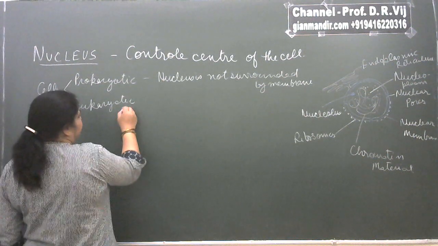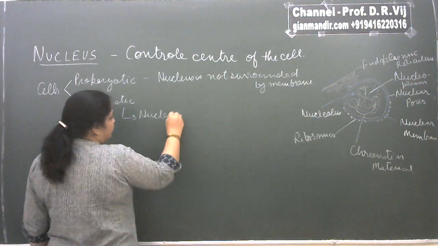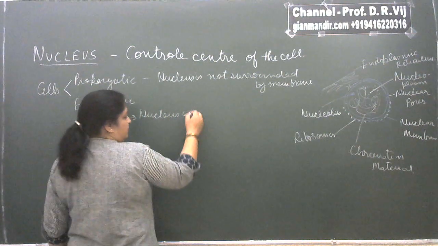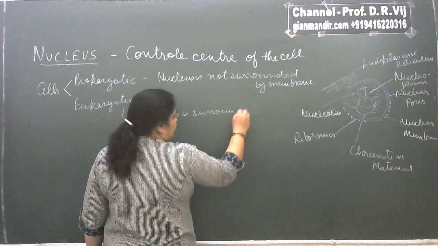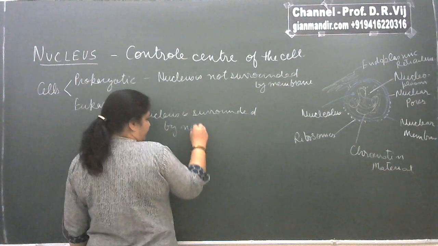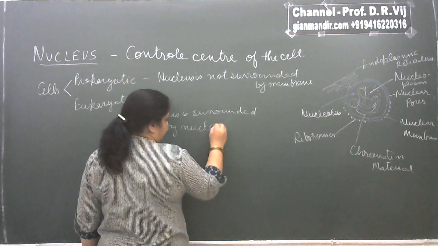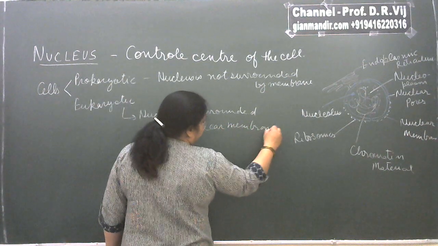On the other hand, in eukaryotic cells, the nucleus is surrounded by nuclear membrane.